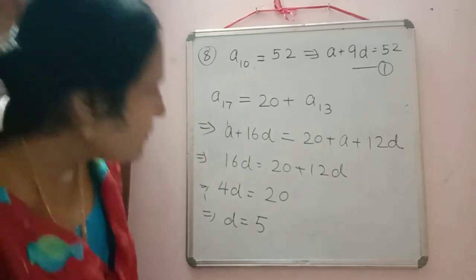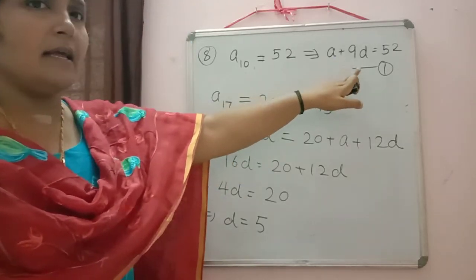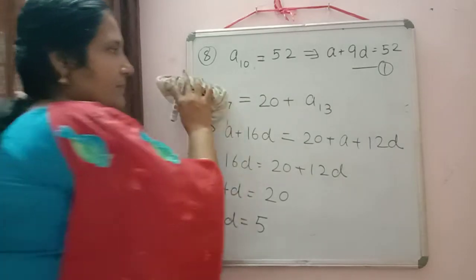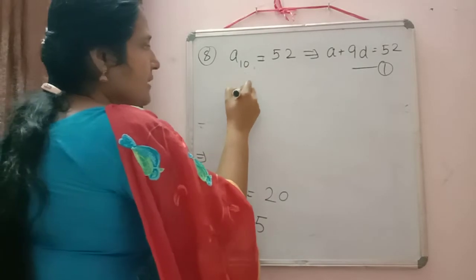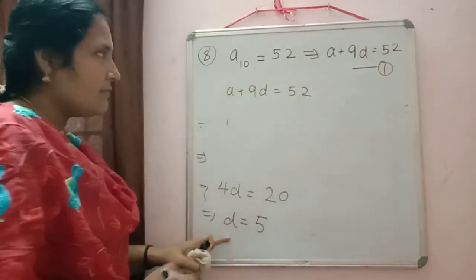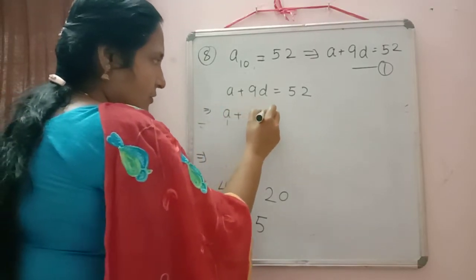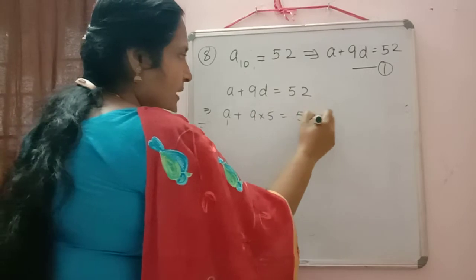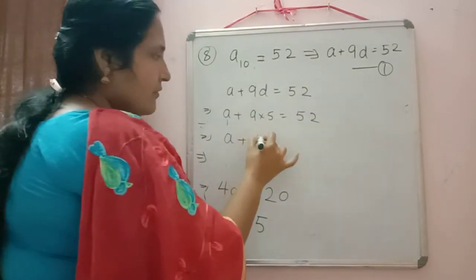Now we can calculate the value of a by substituting the value of d in equation number 1. Equation number 1 is a plus 9d is equal to 52. Substitute the value of d here: a plus 9 into 5 is equal to 52. 9 fives are 45.